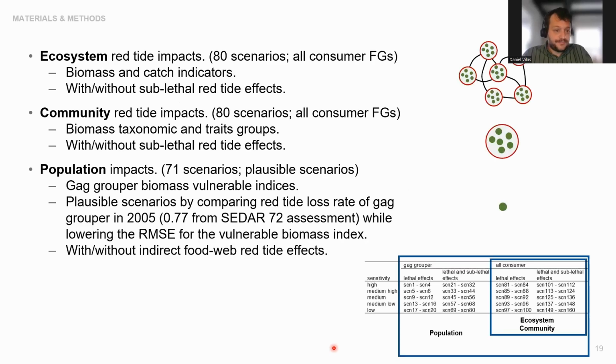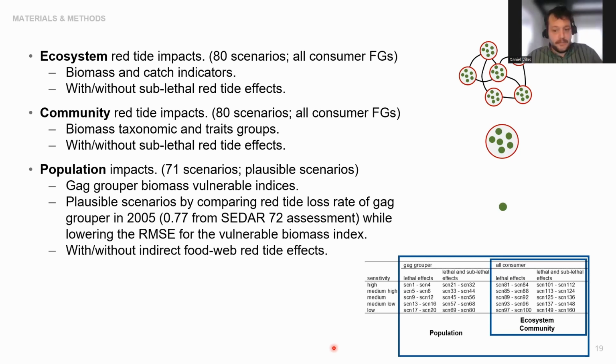So we have these different indicators to evaluate different levels of the system. We have the ecosystem red tide impacts that were evaluated through biomass and catch indicators. You will see that we differentiate between using or not using those sublethal effects, something that we did also for the community red tide impacts, where we computed biomass indicators for taxonomic and trait groups.